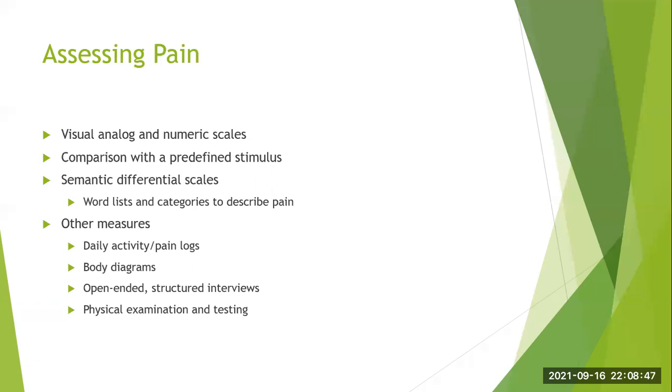Semantic differential scales are words or categories to describe pain. There's one I'll introduce you to that's called the Mankoski pain scale. It has the 1 to 10 scale, but it qualifies it. So at a certain level, you can do most tasks, but the pain creeps into your consciousness every now and then, and it's easily treated with over-the-counter pain medication.